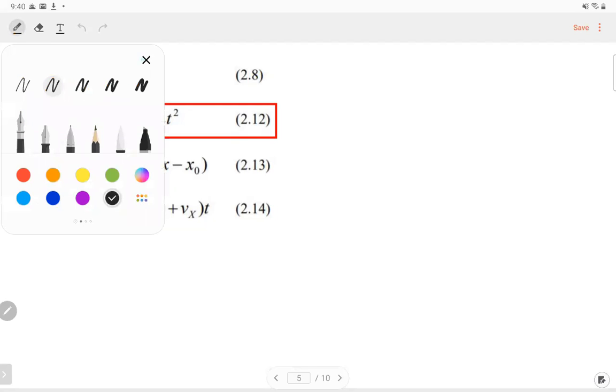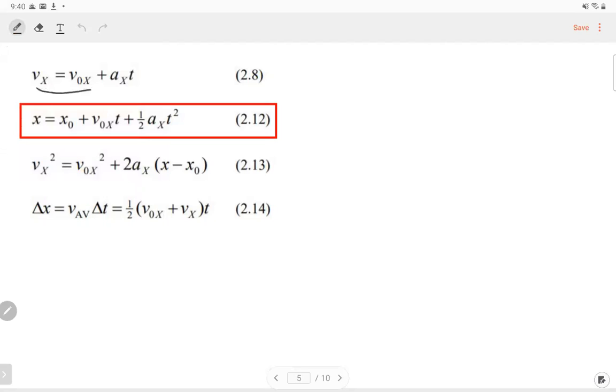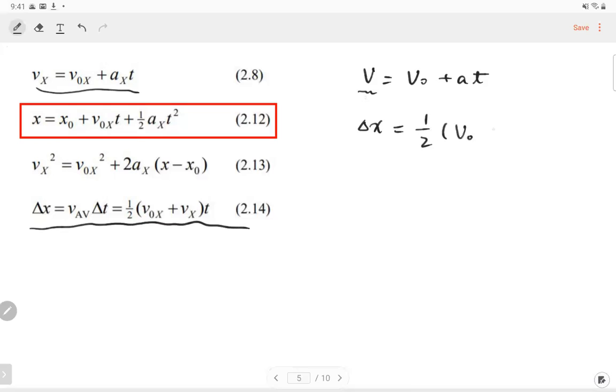So let me do the derivation. From the first equation, we have the velocity equal to V0 plus AT. And we want to remove the final velocity. How do we remove the final velocity? We have the fourth equation, delta x equals 1/2 times the sum of initial velocity and final velocity, times the duration.